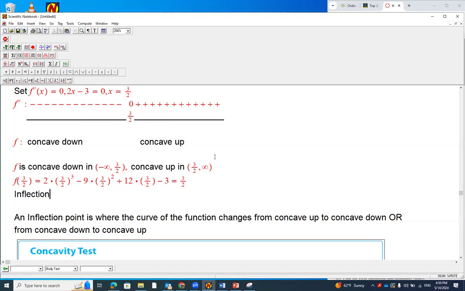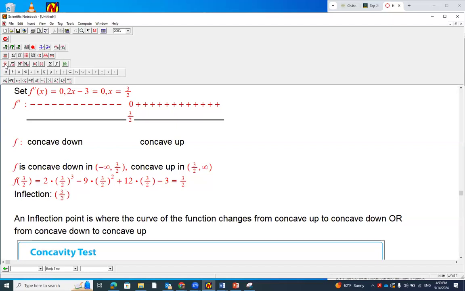We know the input of the inflection point is 3/2, and f of 3/2 is the output of the function. That number happens to be 3/2, so the point is (3/2, 3/2).